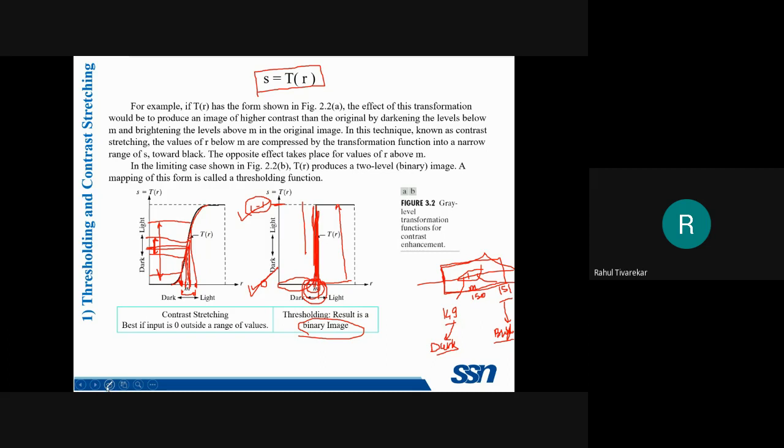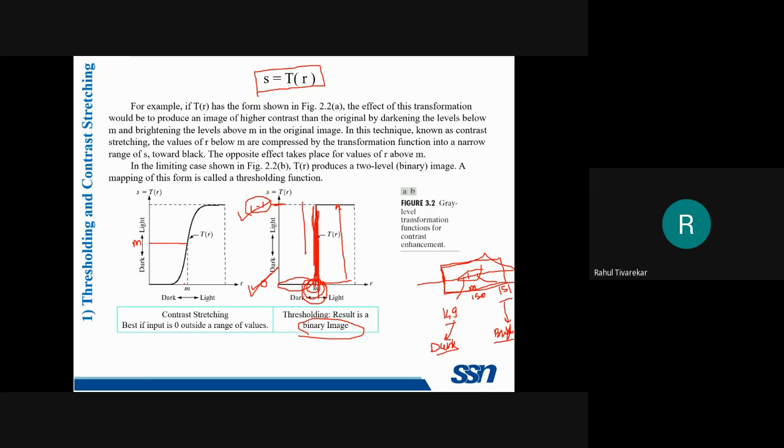I will erase everything and clarify once again. In an input image, you have an intensity M. In the output image, you mark that intensity to M itself. So an input image having intensity 150 will be converted to an output image having intensity 150. Input and output have the same intensity at the threshold.